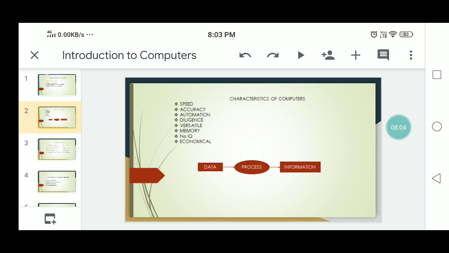Next, memory. Similar to humans, computers also have memory. We cannot store everything in our memory, so in that situation we use secondary media such as notebooks, records, and files. Computers also have internal, or primary, memory and secondary memory.